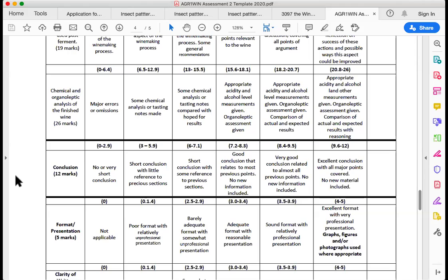What are the very best bits that you can shine light on to show that the process went well, and what are the things that you learned from that? And then equally, what are the mistakes that you made, and how can you learn from those? What's evidence of those things being mistakes from the point of view of the literature that's available and from your sensory and analytical work?